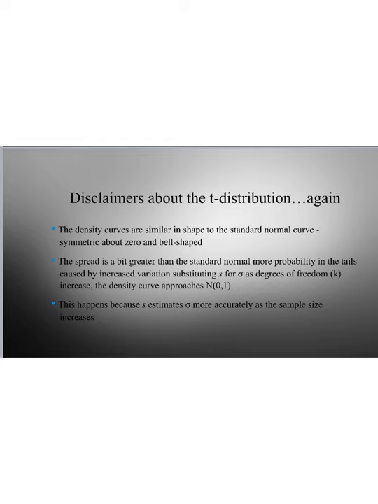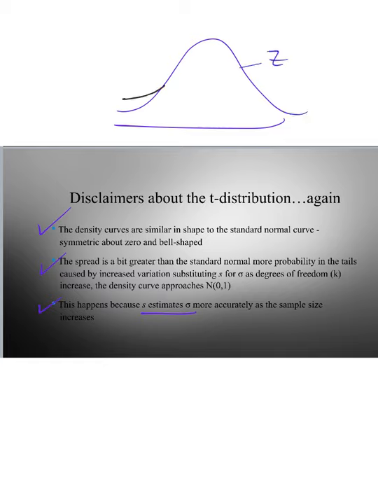Just a reminder on the T distribution: again, it's bell-shaped. It's a lot like the normal Z curve, but it's a little wider because of S having to estimate sigma. So Z may have looked like this, where the T distribution looks a little more like this and is ever changing based on the sample size.